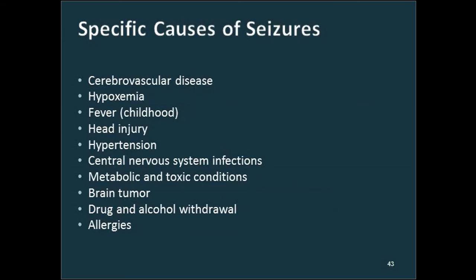Specific causes of seizures can be cerebrovascular disease, hypoxia, fever, metabolic disturbances, toxic or toxicologic issues like drugs, overdose. Certain medications can induce seizures, tumors, alcohol, lots of different reasons.